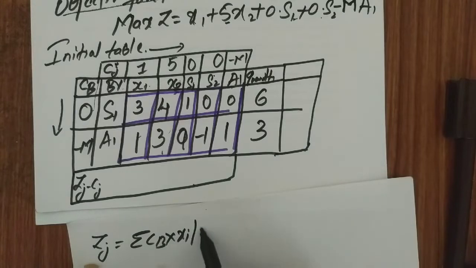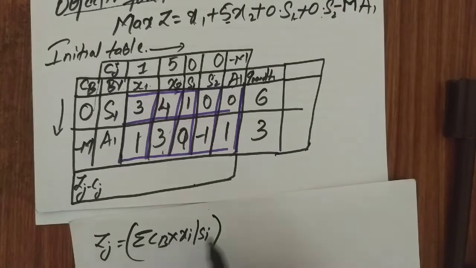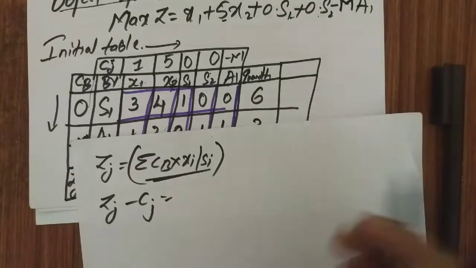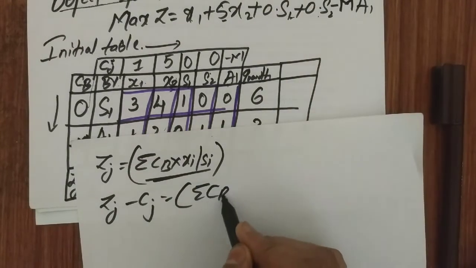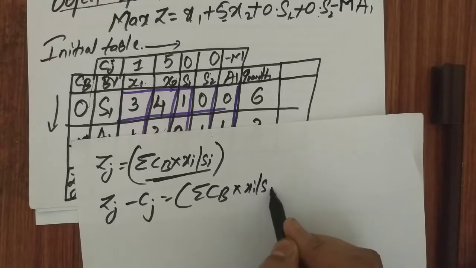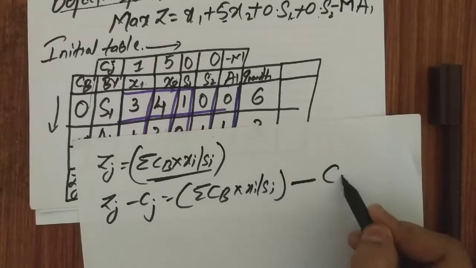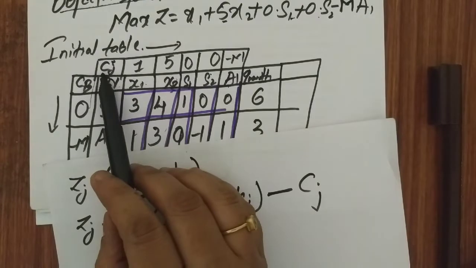It can be Xi or it can be Si. Whatever products we get, their sum is Zj. So whatever result we get, that will be subtracted from Cj. Cj is nothing but the top entry.